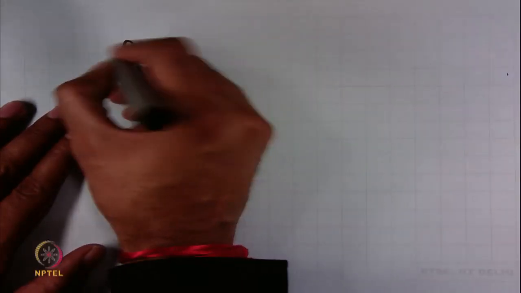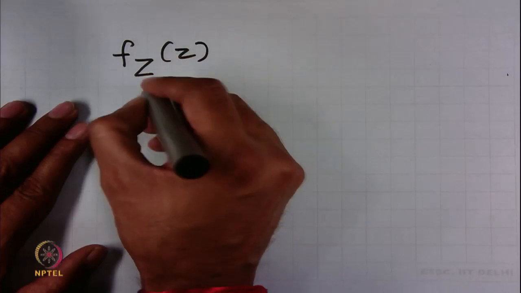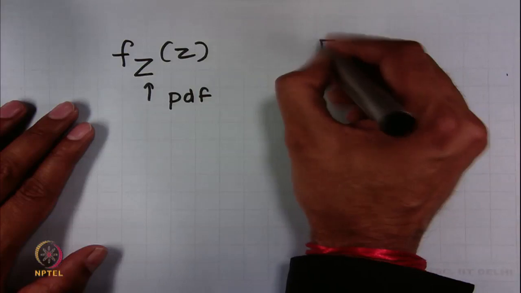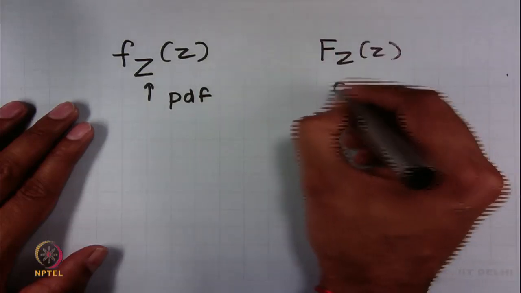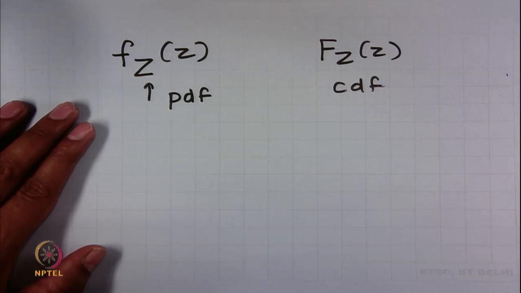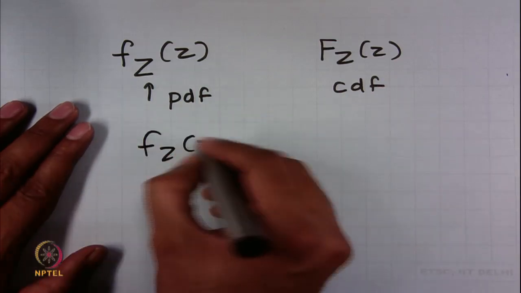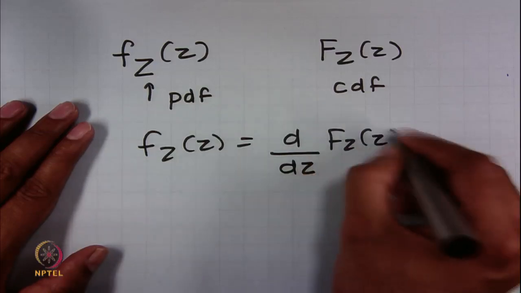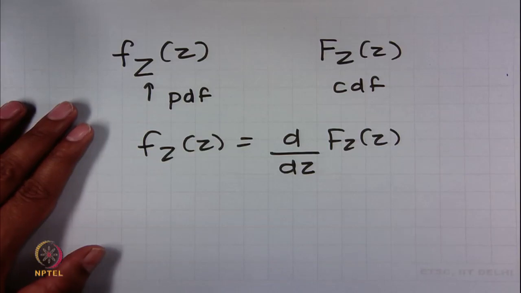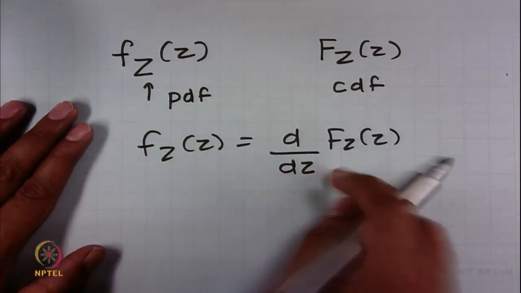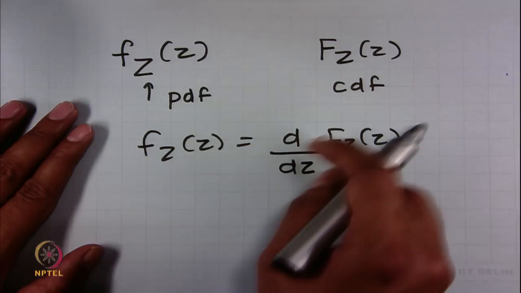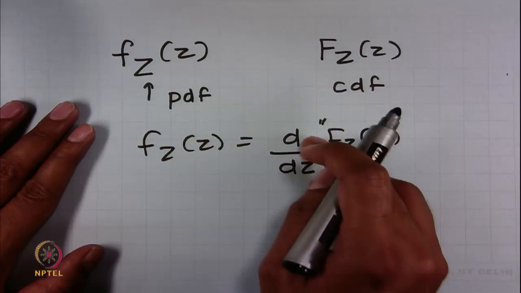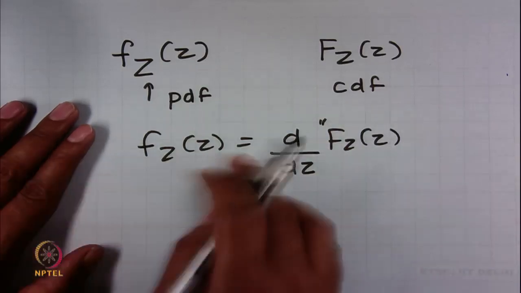That means that if I want to evaluate the PDF, it is often convenient to start thinking in terms of the CDF, because we know that you can easily obtain the PDF from the CDF by just differentiating it with respect to a variable. So, in this case you can just differentiate the CDF of z with respect to z and you can obtain its PDF.